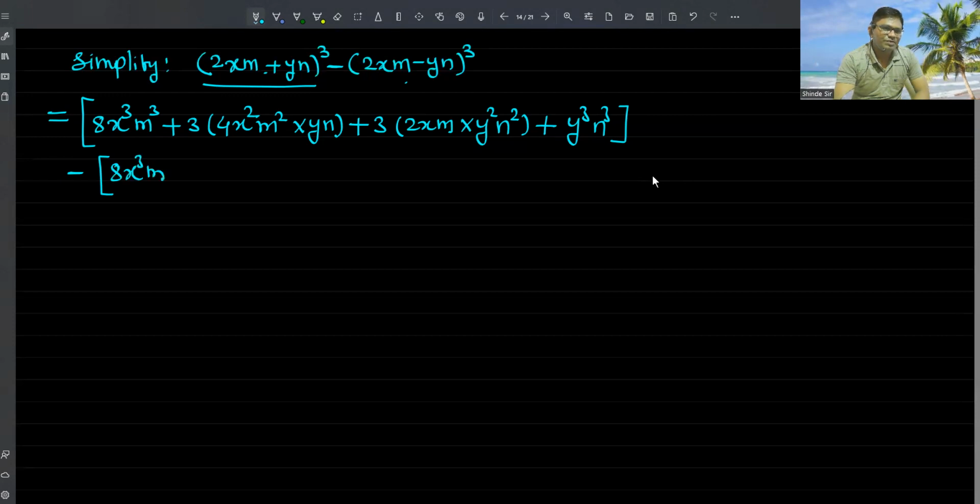8x cube m cube, then minus 3 times the square of first term into second term.